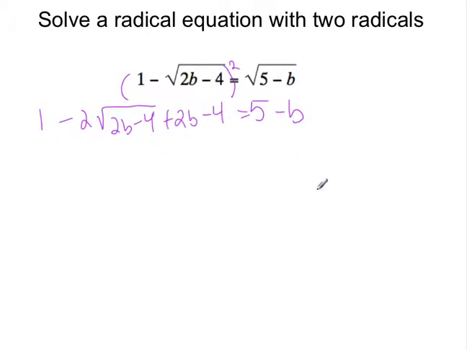My next step is to isolate the square root again. So I am going to bring all my terms over to the right hand side except the minus 2 square root of 2b minus 4. So I'll leave this over here on my left. And I'm going to subtract 2b, and that will give me minus 3b.